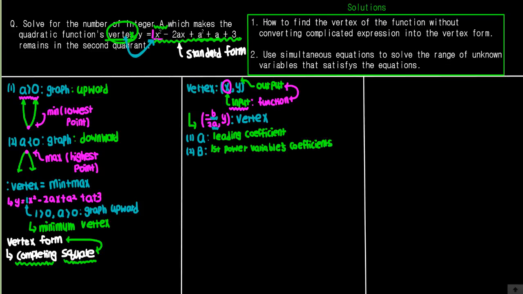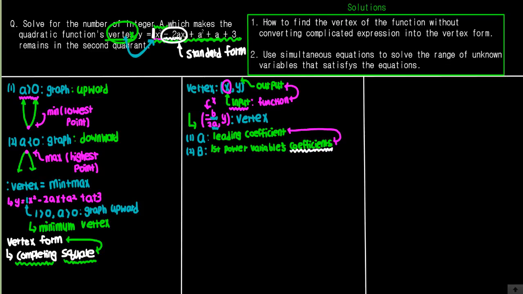So the only thing we need to memorize is a and b, which defines the x term of the vertex. That is more efficient than converting our standard form into a completed square form, which we usually call perfect square form, to find the vertex of the quadratic function. So let's actually apply our negative b over 2a.